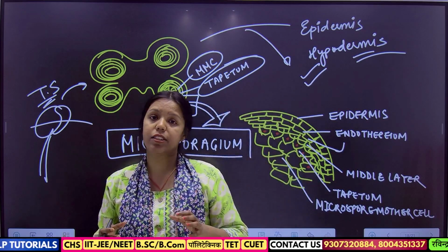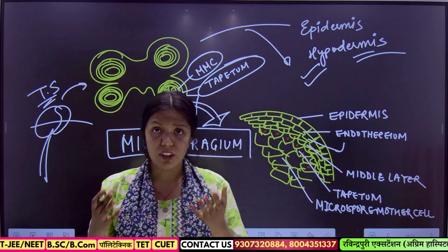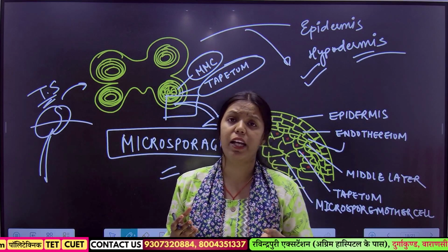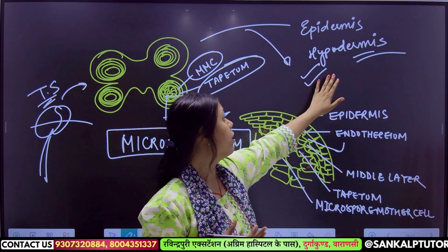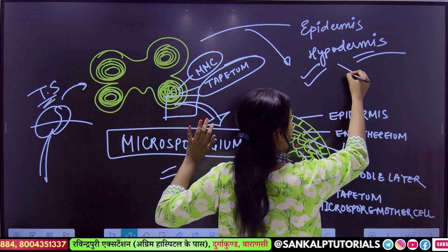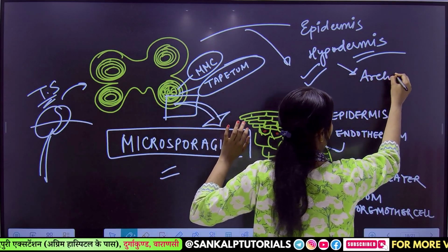In the hypodermis, the cells which contain dense cytoplasm and a clear nucleus are known as archesporial initial cells.